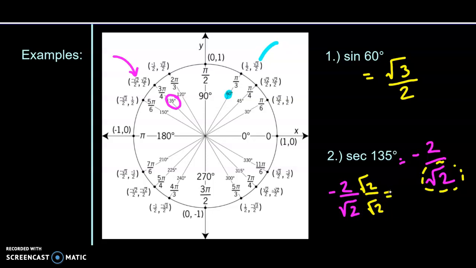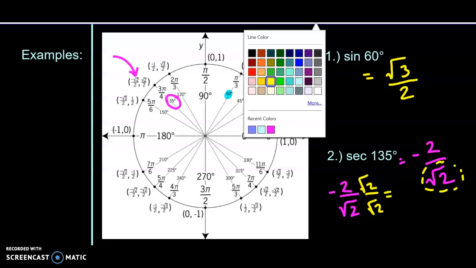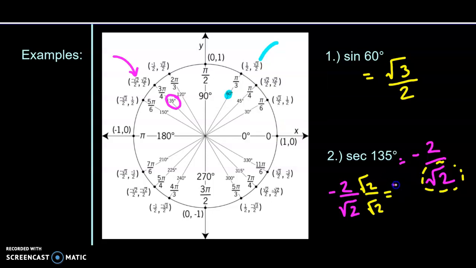Okay, so what I have for my numerator is negative 2 radical 2 over root 2 times root 2 is root 4, and that's just 2. What happens to my 2's? 2 over 2 is just 1. So I am left with my final answer of negative root 2. So secant of 135 degrees is equal to negative radical 2.